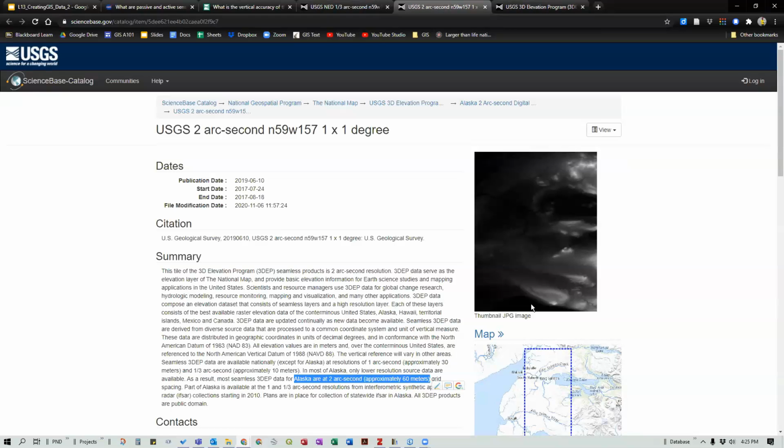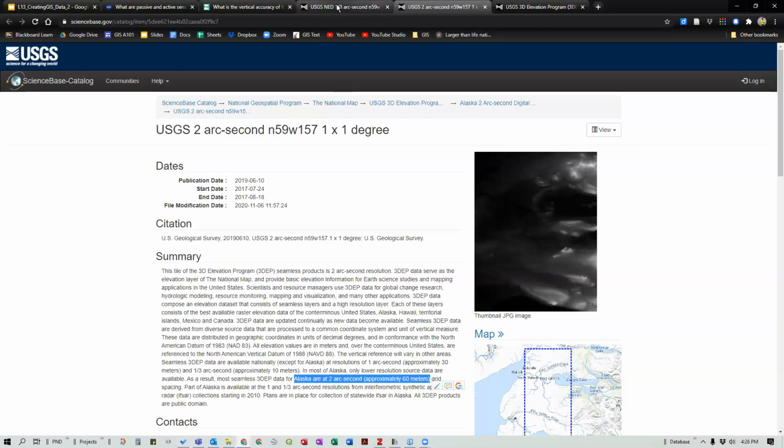If I'm reorganizing buildings in an area, I'm not going to look at 60-meter grids for my elevation, at least not for long. I'm going to go out and I'm going to collect some more accurate elevation information, or some more higher resolution elevation information.